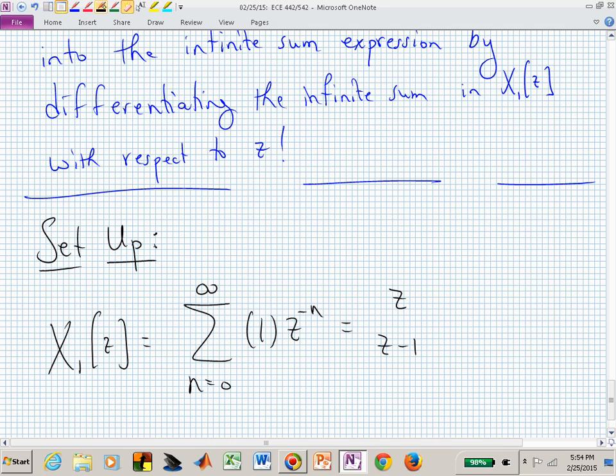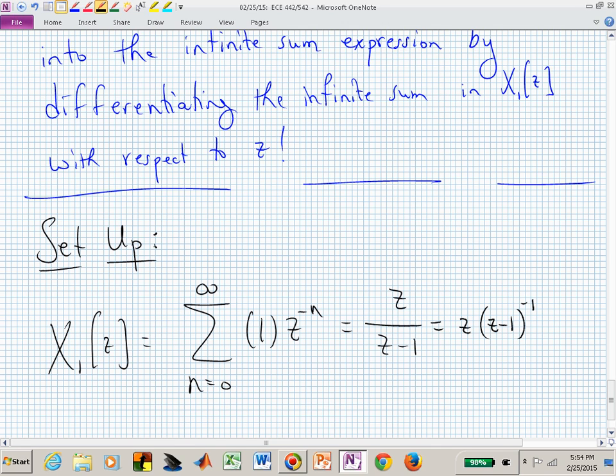Once you get just a couple of months removed from calculus, which is what I am, maybe I've forgotten my quotient formula for differentiation, but I remember my product formula. So I'm going to write this as Z times Z minus 1 to the minus 1.